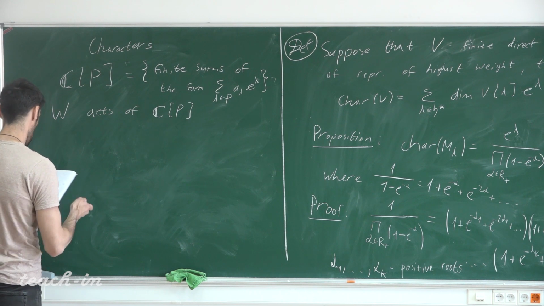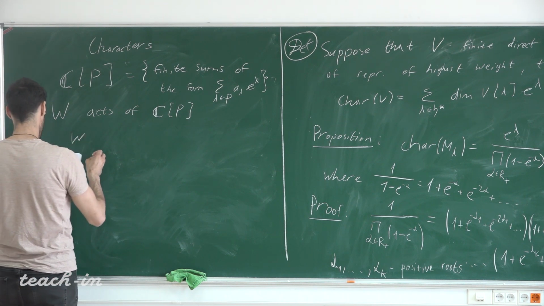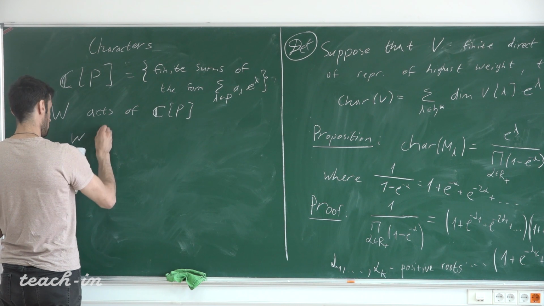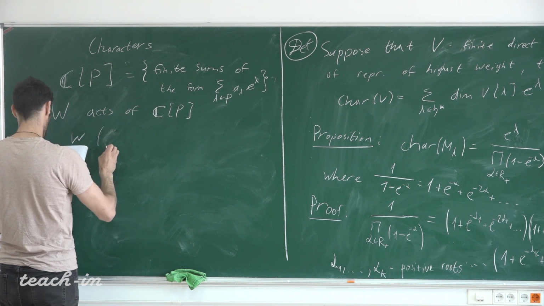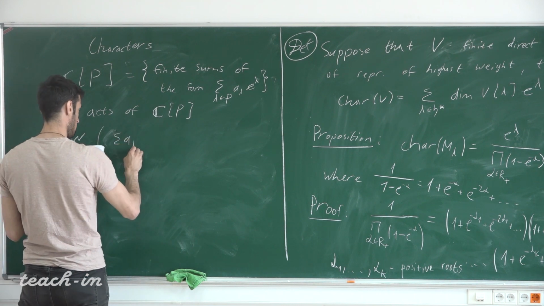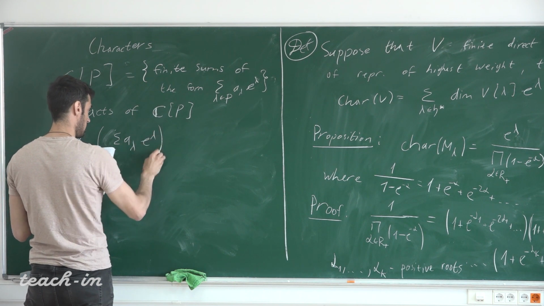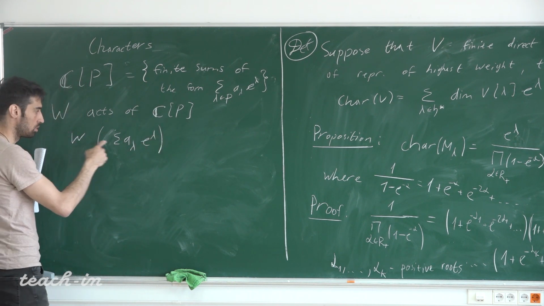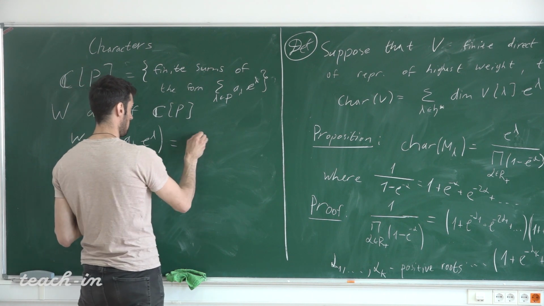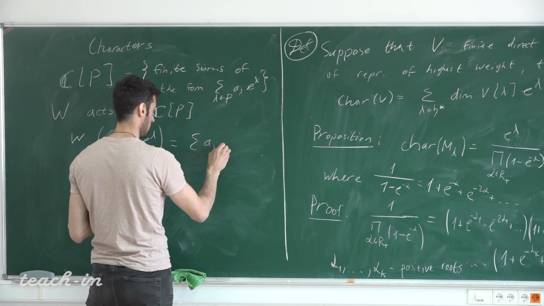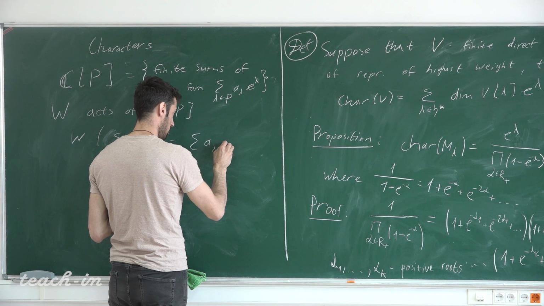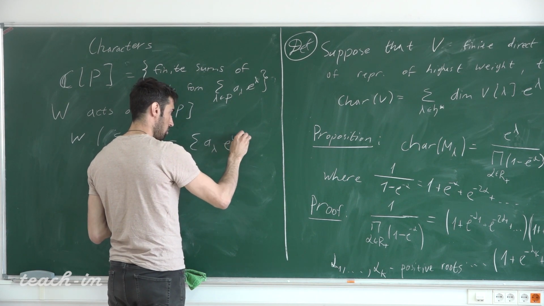And well, what the action is, explicitly, is like that. If I take an element in the Weyl group and apply it to such a sum, it means that I have the sum of A of lambda e to the W of lambda.